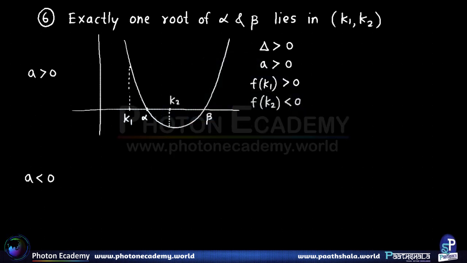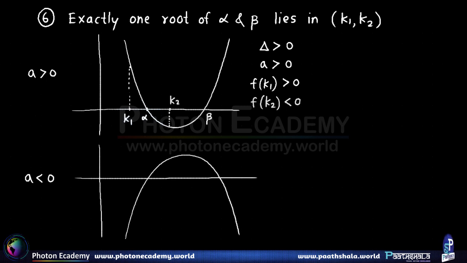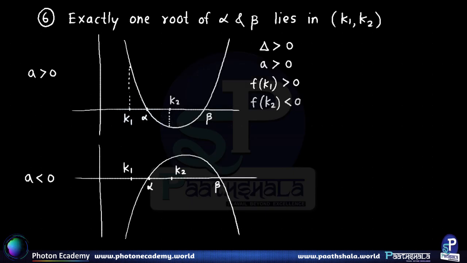Okay, now coming to the second possibility, that is when a is less than 0, we have parabola opening downwards. This is alpha and beta. Let's consider k1 and k2. Now here for k1 the function will be negative and for k2 the function will have positive value.